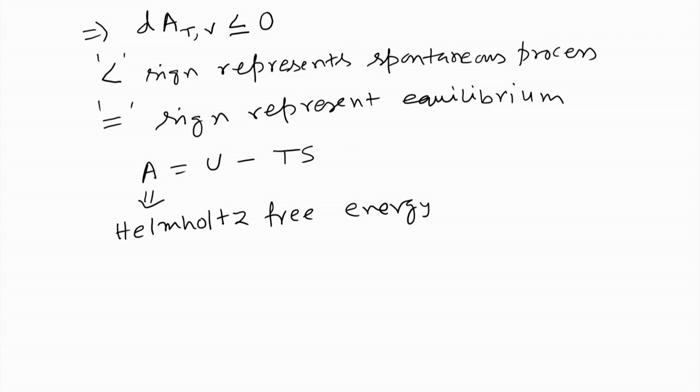Okay. So, this equation, if we say equation 1, is the condition to check whether a process is spontaneous or not when the process is being carried out at constant temperature and at constant volume. And this A is a state function.